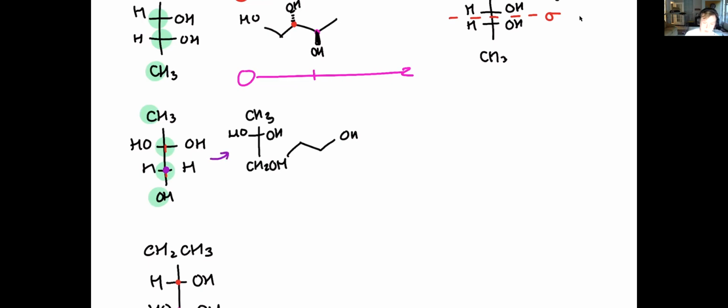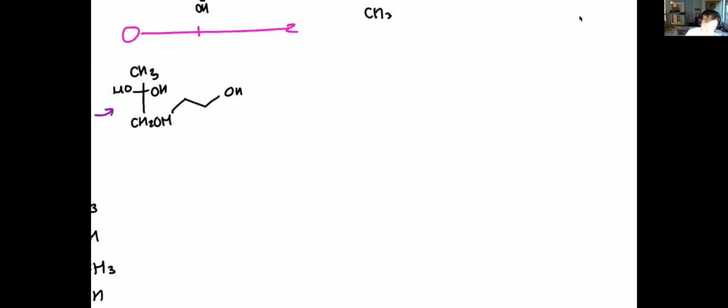So we can basically get to that Fischer projection. It's really whatever works for you. I'm not sure exactly what you'll be given on the exam, so I just want to expose you to whatever is possible.